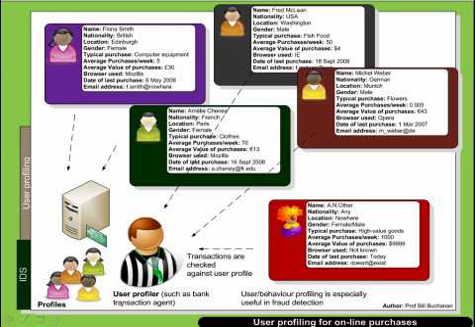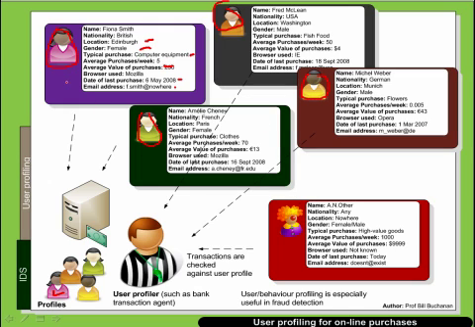So one application of user profiling is where a bank might keep a profile for each of the users. So in this case we have Fiona, Fred, Emily and Michael, who have certain profiles for them. The profile will define where their location is, their gender, what their typical purchases are, how many purchases they make a week, and so on.